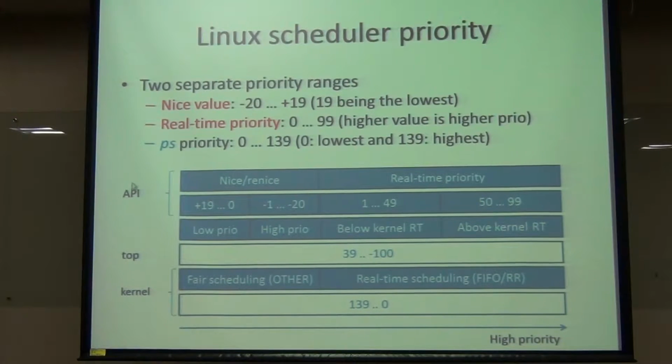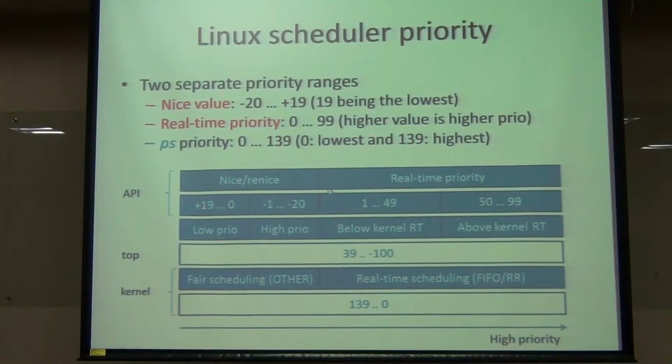And then if you type ps, you will see a priority of 0 to 139, with 0 being the lowest. Starting from 0 up to 39 is the nice value, and after that is the real-time priority.